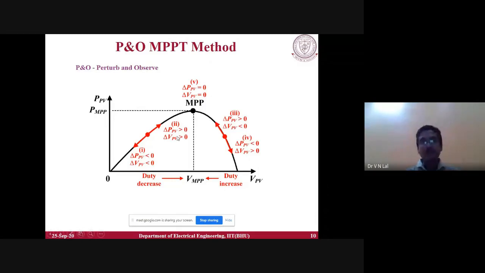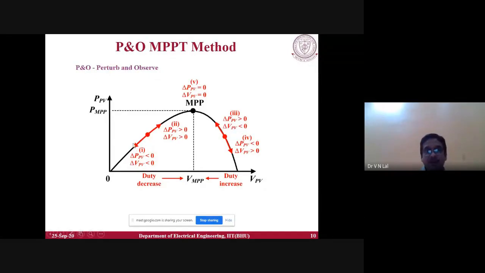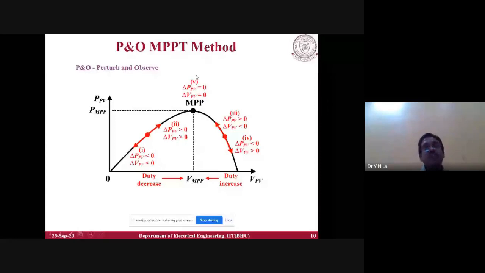Whenever we search for the MPP, there will be some initial point. Suppose this is the initial point. Now if a decrement delta VPV is there, the power is being compared. This power is less than this power, so the power is decreased and the direction of perturbation is to be reversed. So now the voltage is to be incremented.